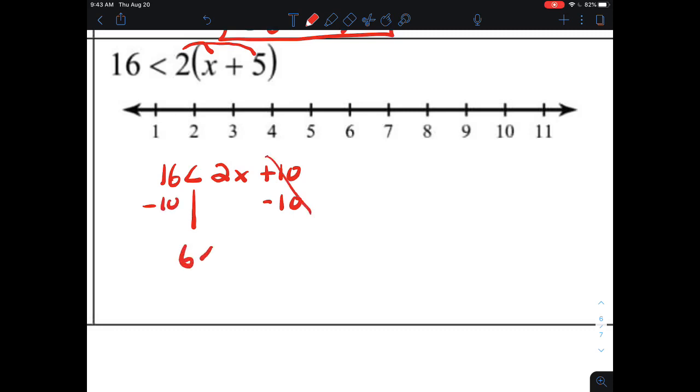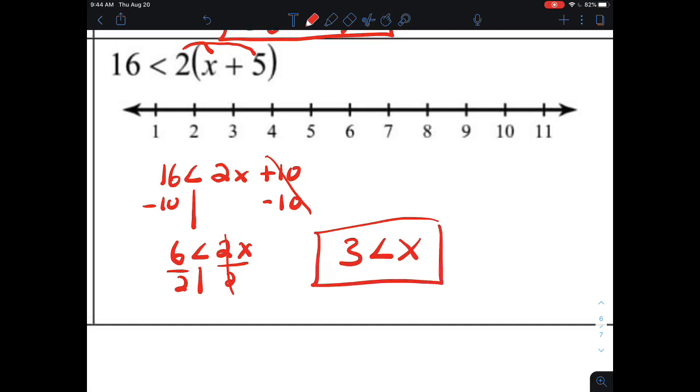That's going to give me 6 is less than 2x. And then lastly, I have to divide by 2 to get x all by itself. And so we have 3 is less than x as our inequality.